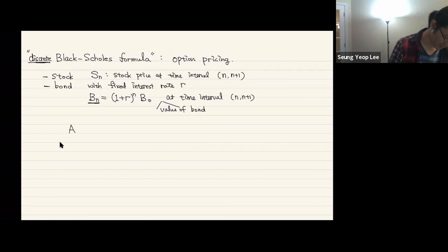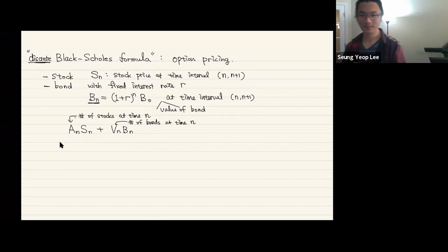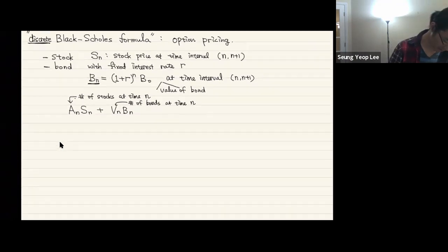So you buy a certain number of stocks and a certain number of bonds. Let me denote the number of stocks and the number of bonds you bought at time n. Actually, let's start from 0.